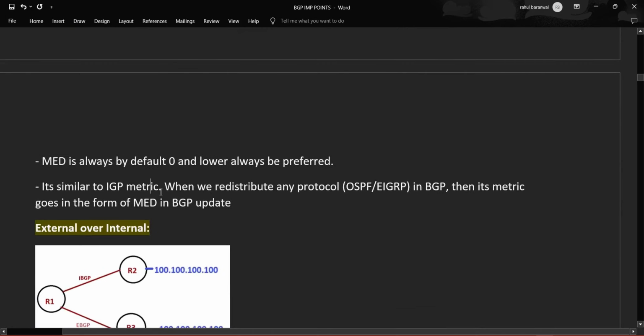MED is always 0 by default and the lower value will always be preferred. It's similar to IGP metric, and we already said before that when we redistribute any protocol, OSPF or EIGRP, into BGP, then its metric goes in the form of MED in the BGP update, and we will see all the path attributes in detail in our practical part.